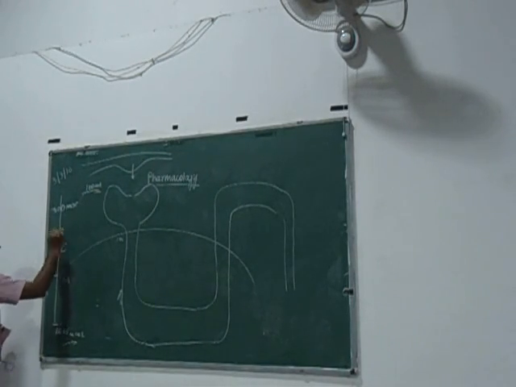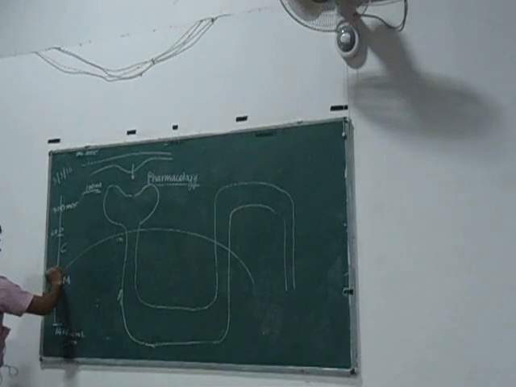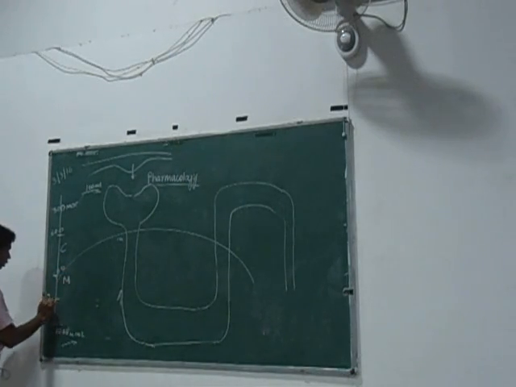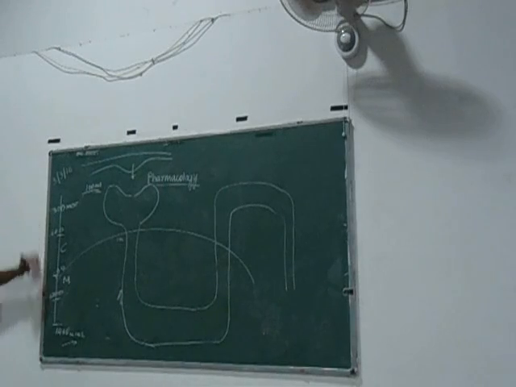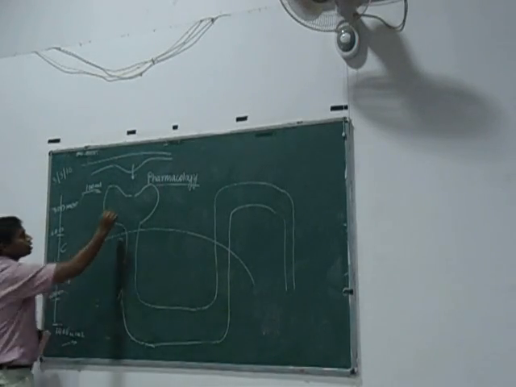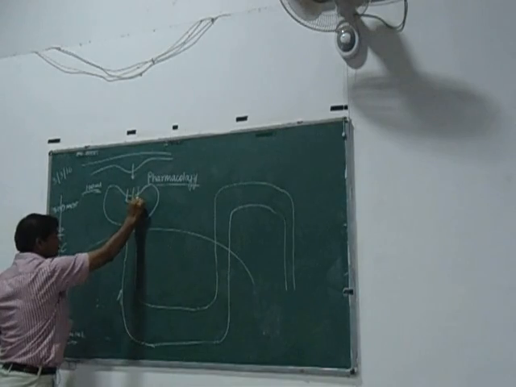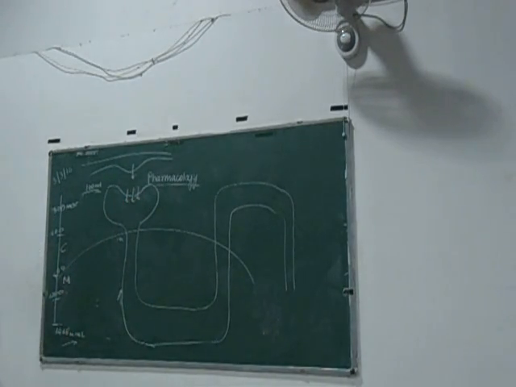Somewhere here 600, the junction you can take as around 900, somewhere here 1200. So this is the concentration gradient as the blood is moving inside, and as the urine formation is taking place, there is an increase in the concentration once it is going inside. So how is it able to reabsorb back so much fluid, we need to understand here.